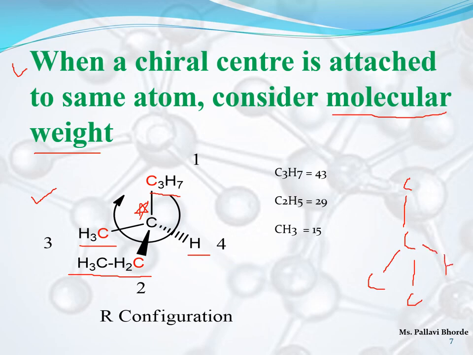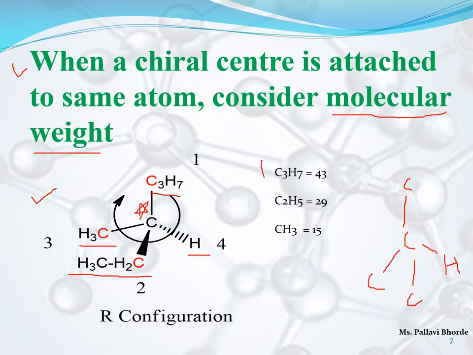So how will you give priority? Because we have already said that you are going to give priority to those atoms which are directly attached to your chiral center. But here the atoms which are directly attached to chiral center are 3 carbons. So how will you give priority? Okay. So you are going to give priority according to their molecular weight.